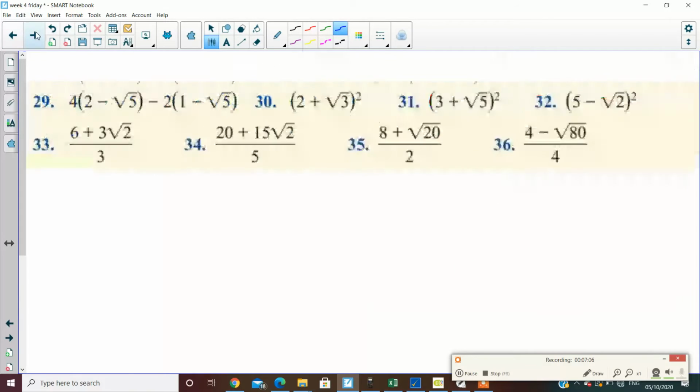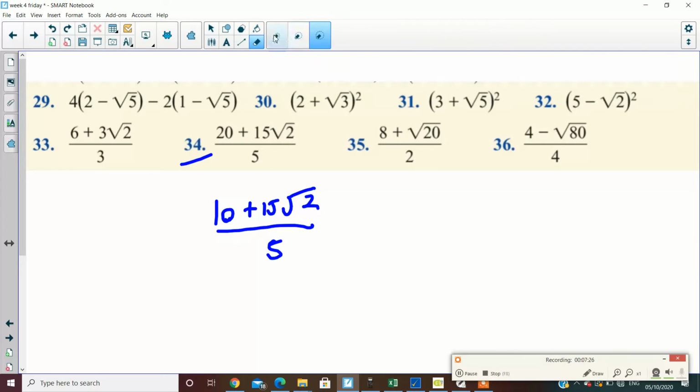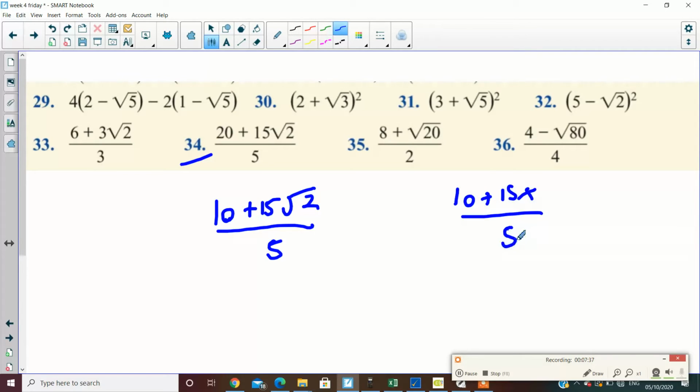Next one we're moving on to is 34. And do you have any ideas how to do 34? A good start is always reading the question properly.